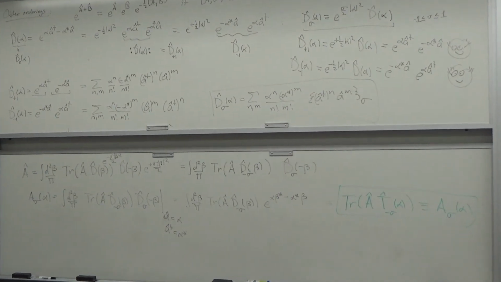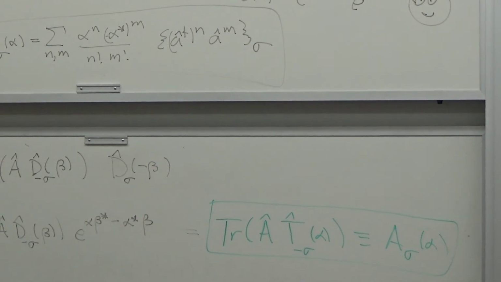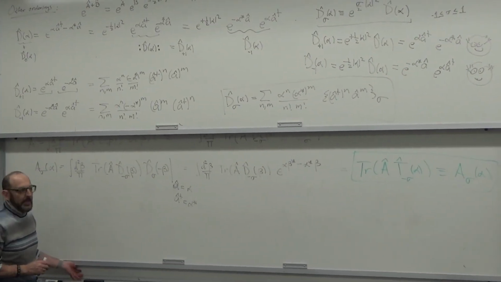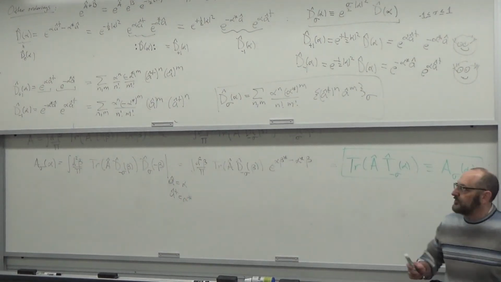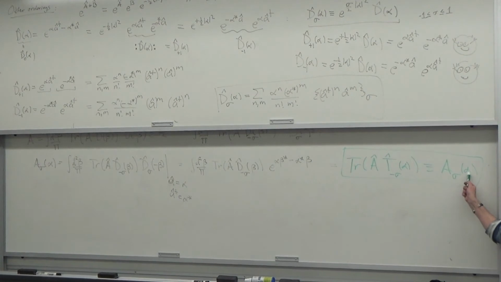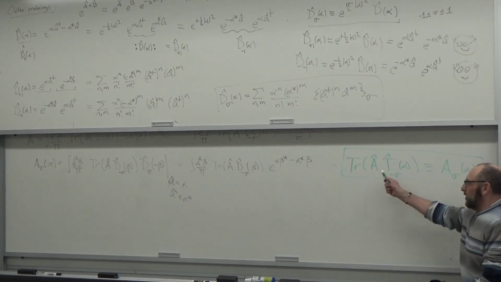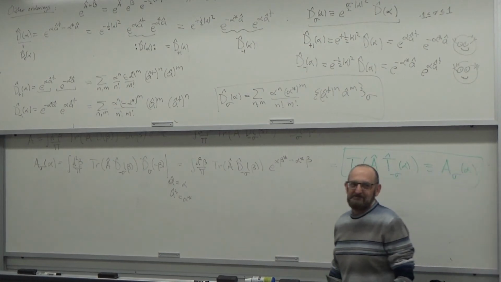Okay, so let us summarize here what we have in the green. If I want to obtain the sigma ordered Weyl symbol, the representation for sigma ordering, what I need to do is project A onto the minus sigma.